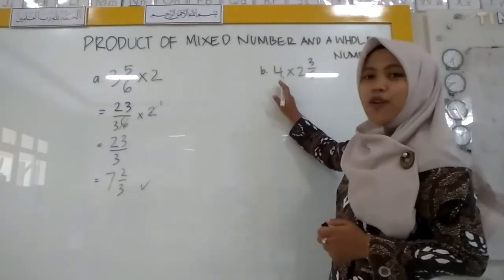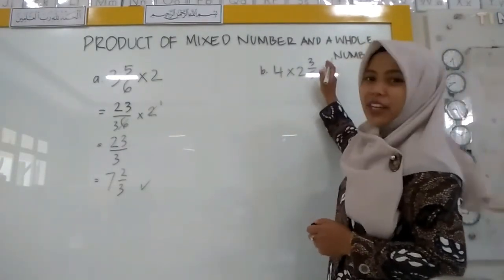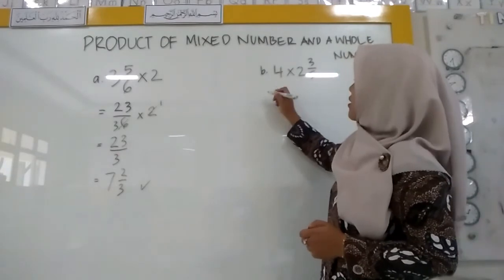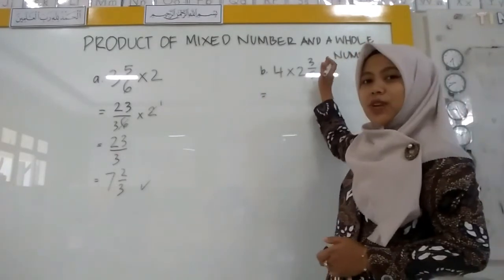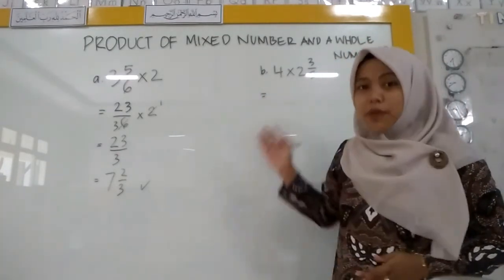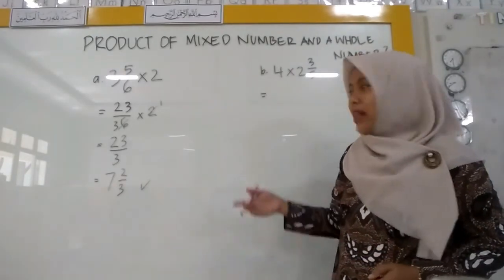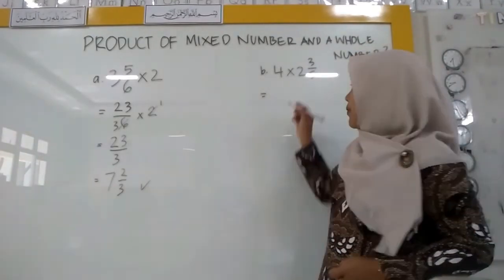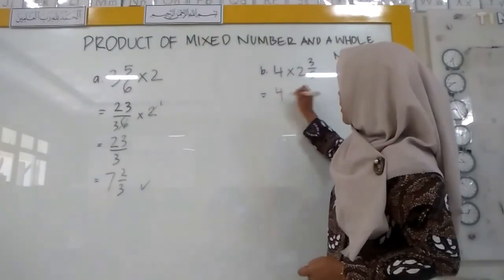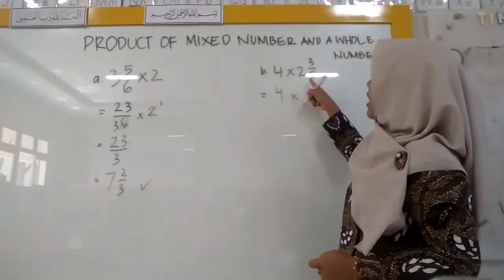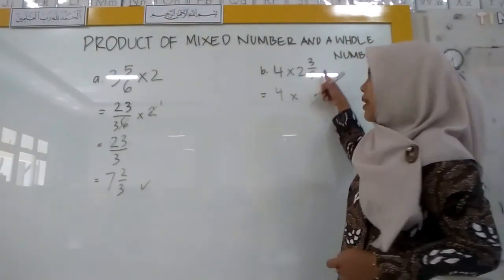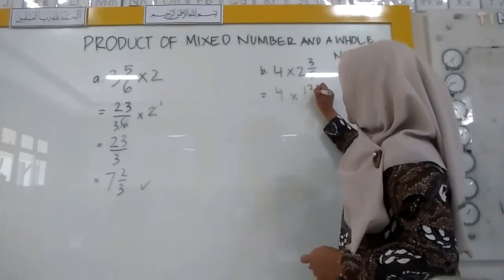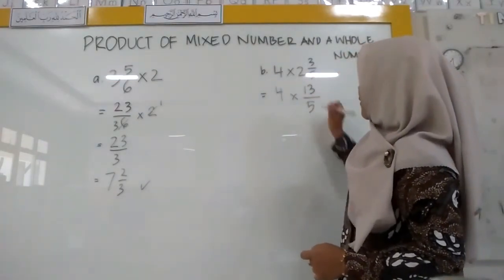So we have 4 times 2 and 3 over 5. Let's change 2 and 3 over 5 into an improper fraction first, so we can multiply with this whole number. So 2 times 5 is 10, plus 3 is 13 over 5.